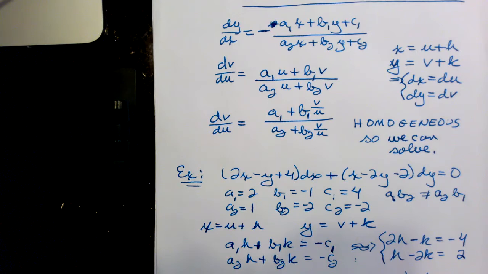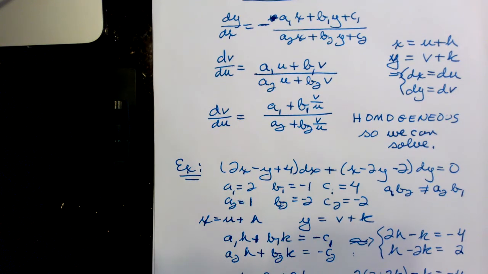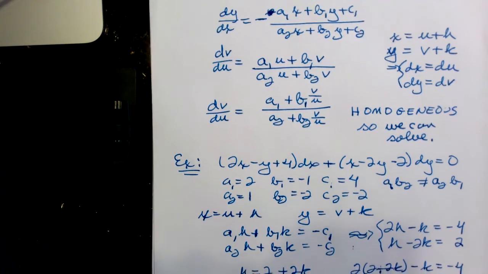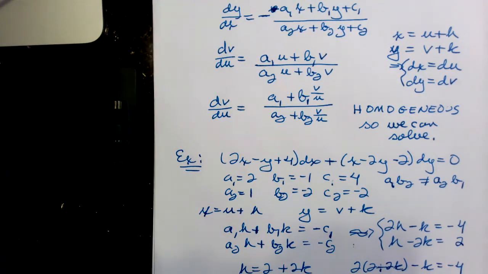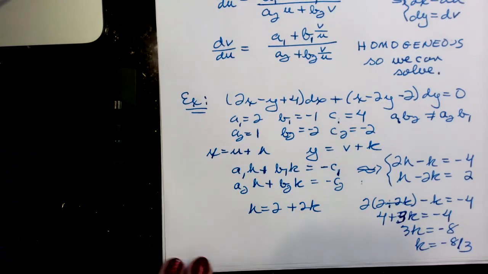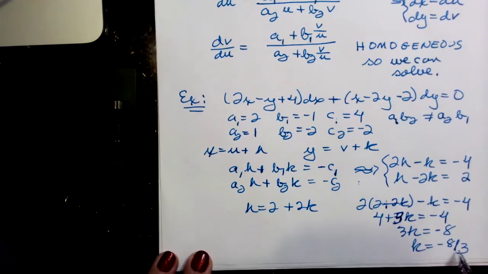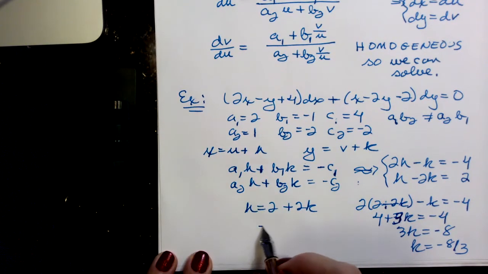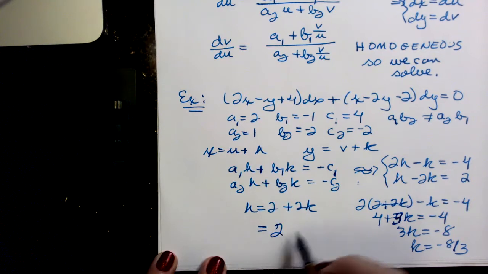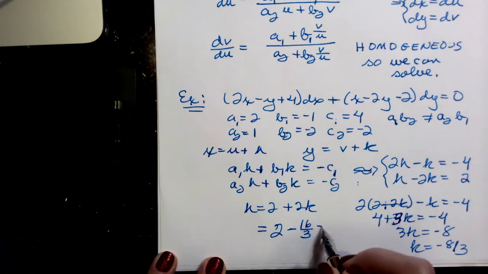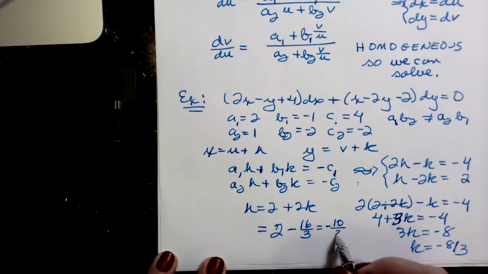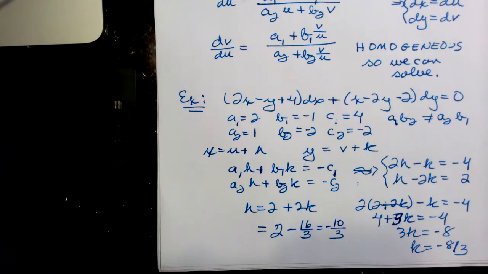So that's 4 plus 3k is minus 4. That says 3k is minus 8. So k is minus 8 over 3. And so if k is minus 8 over 3, then h is 2 minus 16 over 3. So that's 6 over 3 minus 16 over 3. That h is minus 10 over 3.